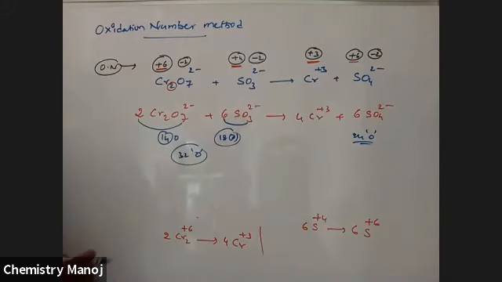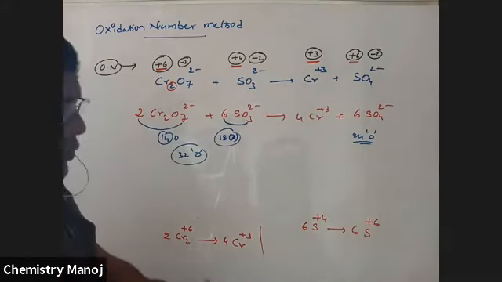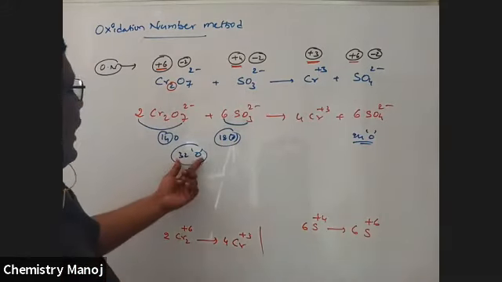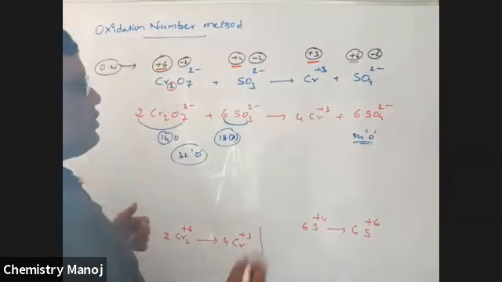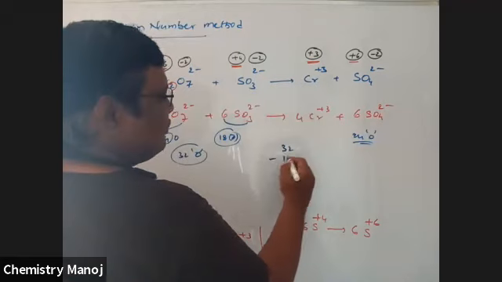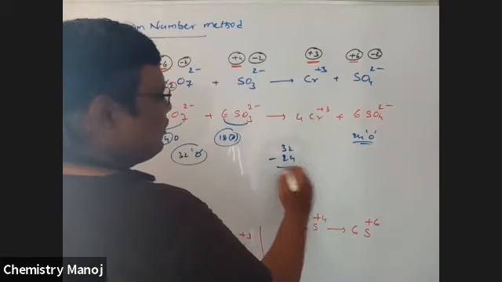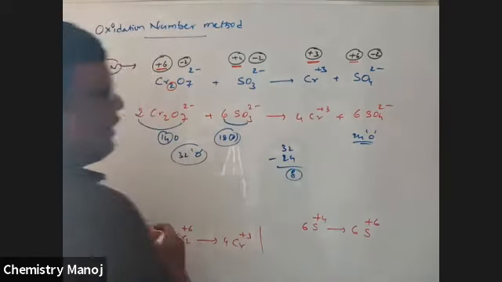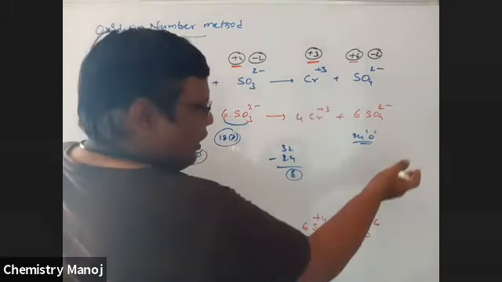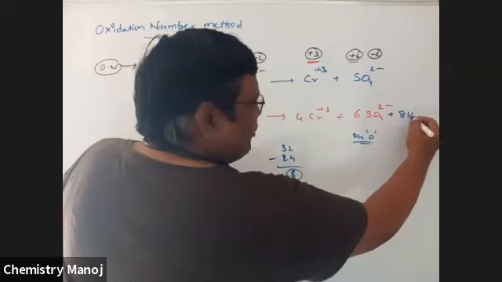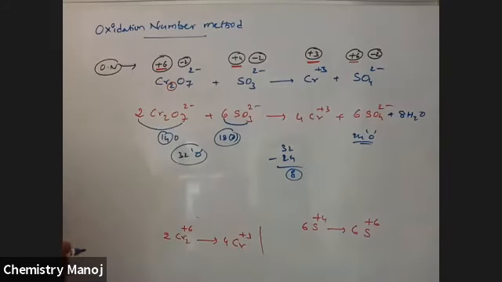Oxygens are unbalanced. How many are required? 32 minus 24, that is 8 oxygens required. So for oxygen balancing, 8 water molecules are added.